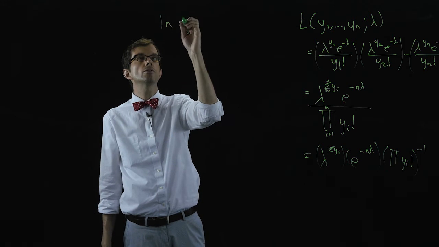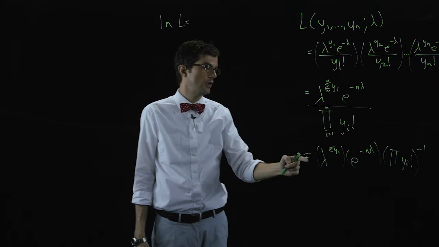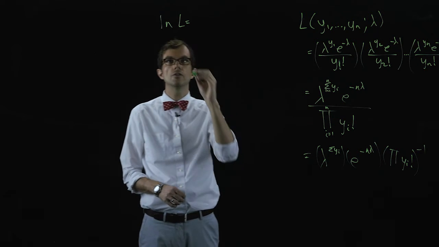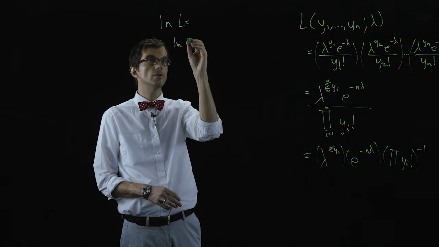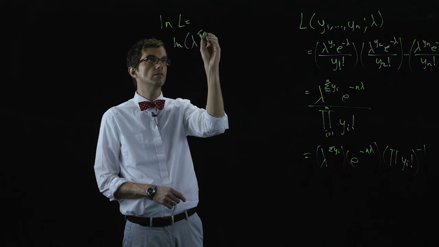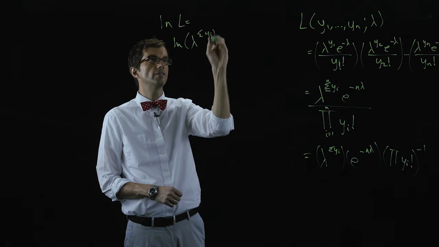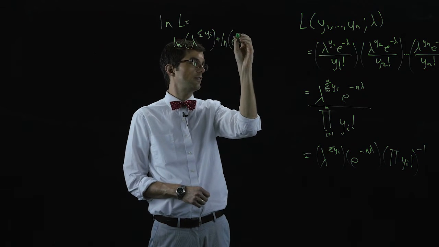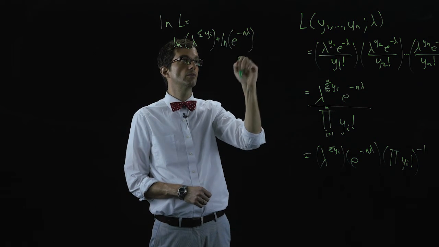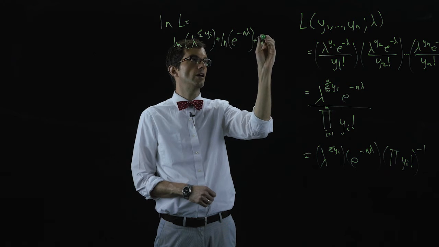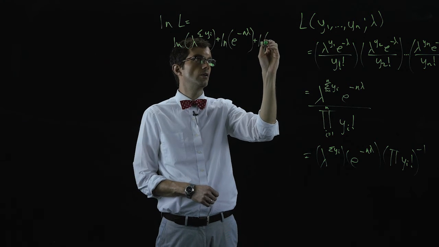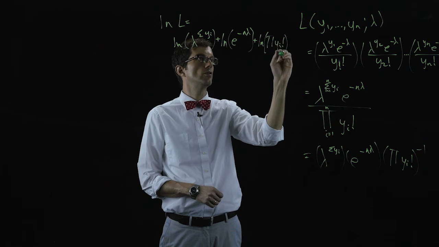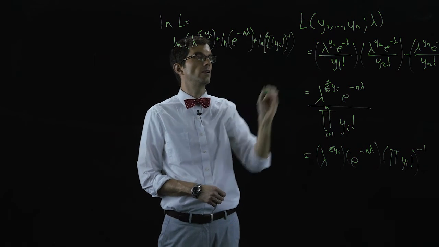So we want to take the natural log of L. That's the natural log of each one of those added together. So that's the natural log of lambda raised to the sum of y sub i's plus the natural log of e to the minus n lambda plus the natural log of the multiplicative sum of y sub i factorial raised to the negative 1.